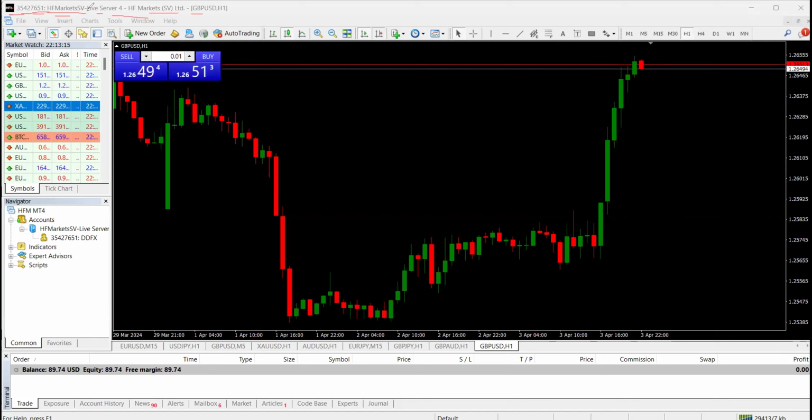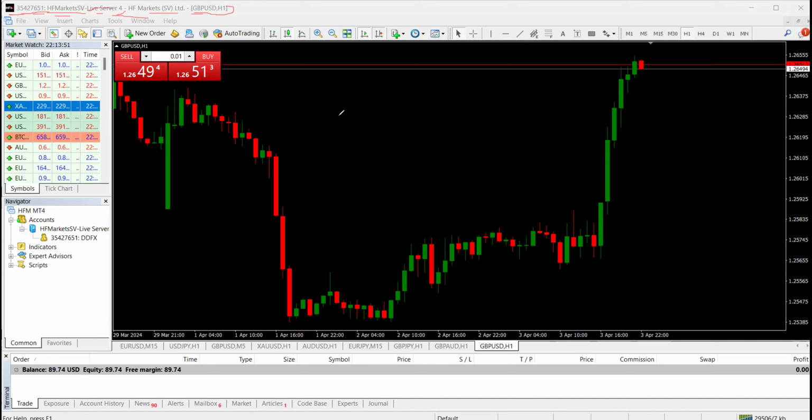Then the account is a live server. So I'm on server 4, right? Then I'm actually under HF Markets St. Vincent Limited, right? That's how it is. So the next thing is the asset you opened, right? So you see account number, HF Market, live server, SV, GBP USD, H1.